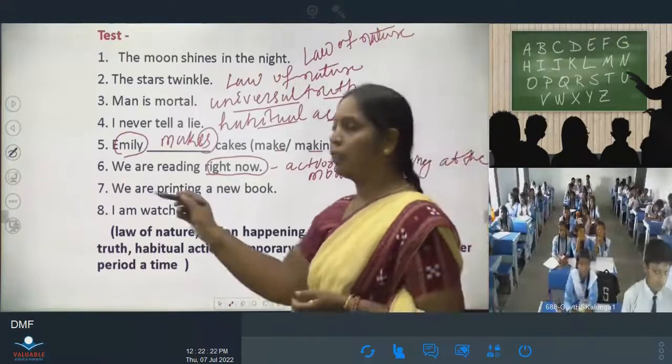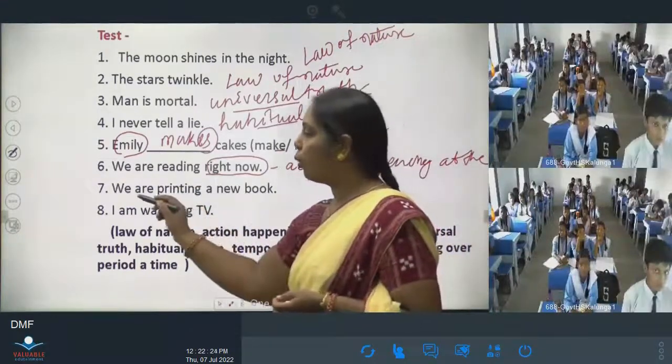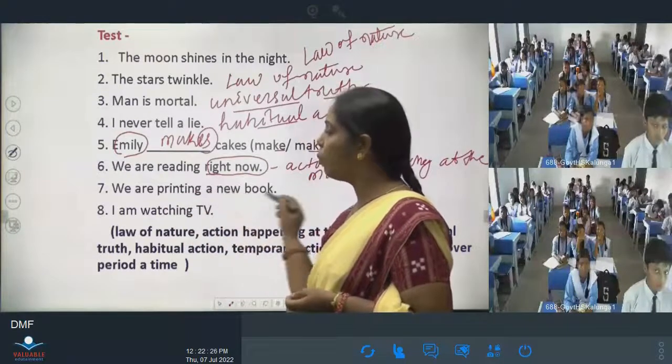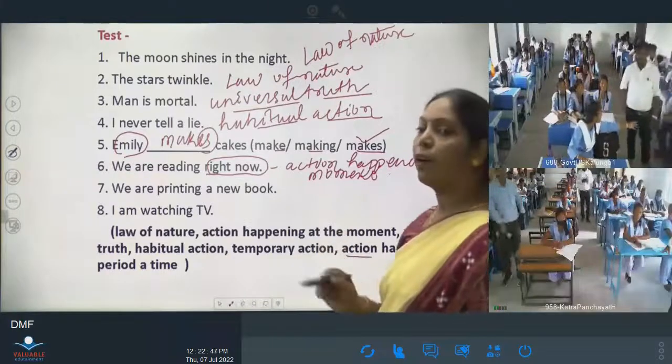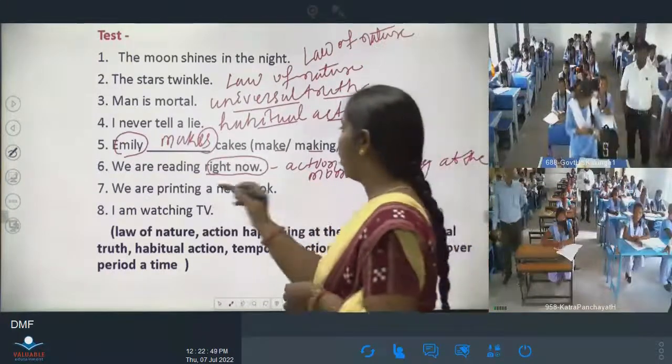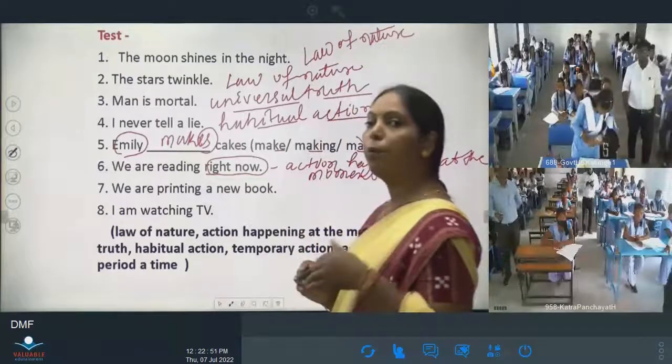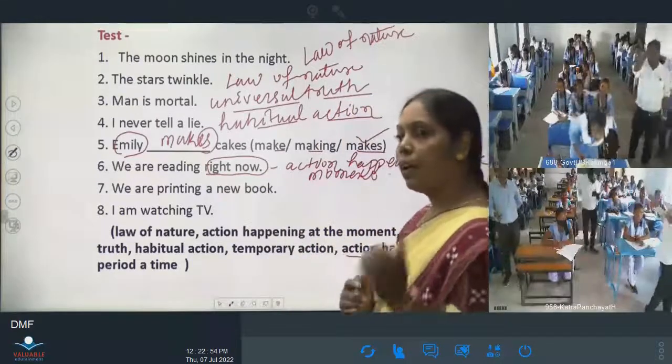Then again, the 7th question is, we are printing a new book. This is action happening over a period of time. Book printing is going on for a long time.